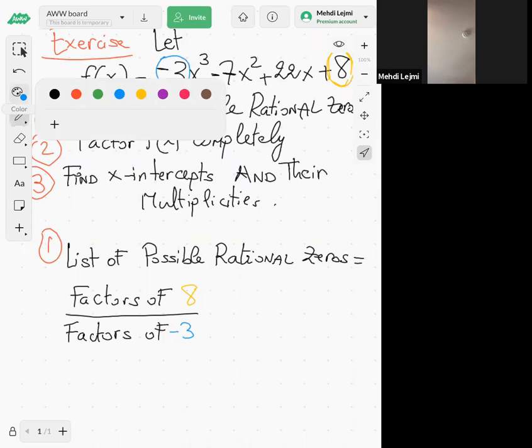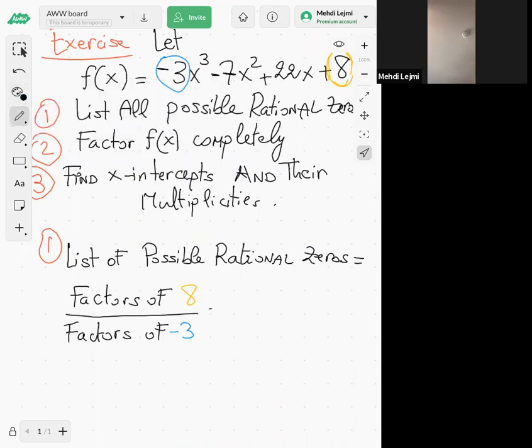Now, what will be the factors of 8? 8 is divisible by 1, by 2, not by 3, by 4, and then by itself. Now, factors of -3. As I said, it doesn't matter if it's -3 or +3. For the factors, it's always plus or minus. So 3 is divisible by 1, of course not by 2, and then by itself.